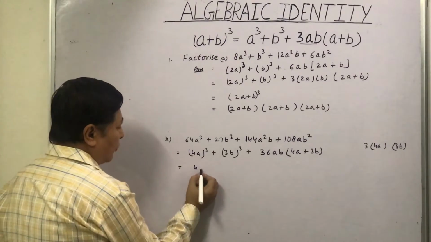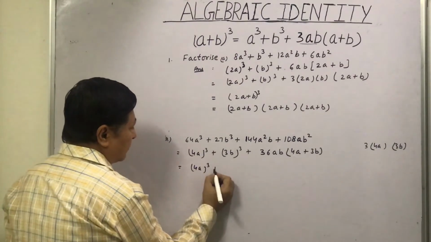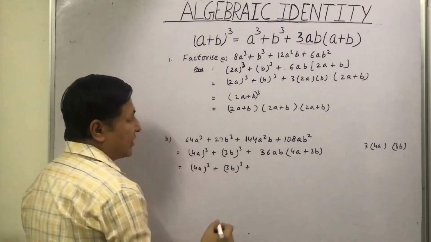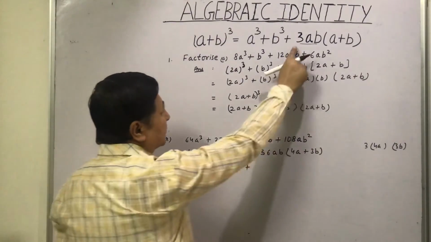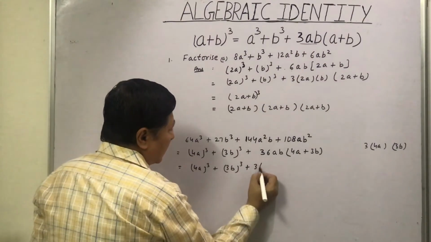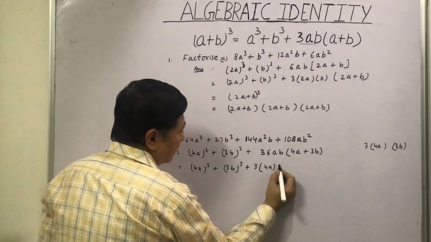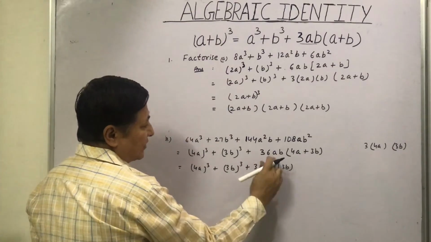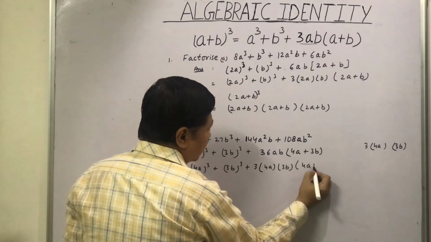Now that will be (4a) cube plus (3b) cube plus, now this 36ab has to be written in the 3ab form. So it is 3 times 4a and 3b. You can see here 3 fours are 12, 12 threes are 36ab, and (4a plus 3b).